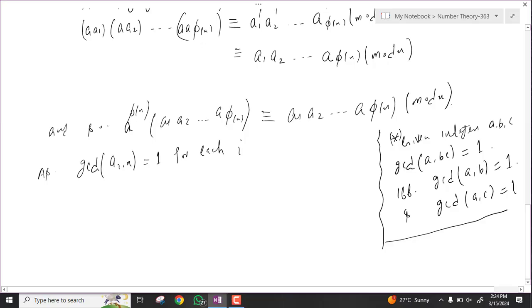We use this result here as GCD of Ai and n equals 1 for each i.